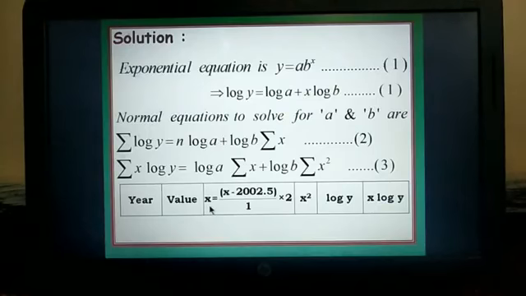These x values will be calculated as x minus A, where A means 2002.5, divided by C. Here C has to be written. Here it will be 1 divided by 2. That's what has been written, 2 divided by 1, by taking the reciprocal of that. Actually, it should have been written as the first step, here, look at the cursor, divided by C, as 1 divided by 2.